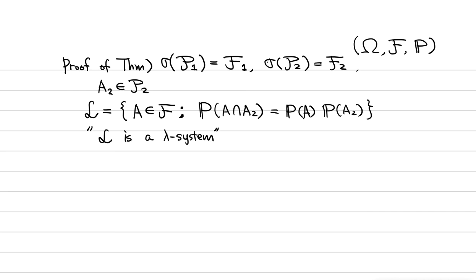Then we can prove that this collection L is a lambda system, because if A is the full set omega, then the equation is trivially true. You can check. And if it contains two events A and B that belong to F, then you can also show that B minus A is in this system.